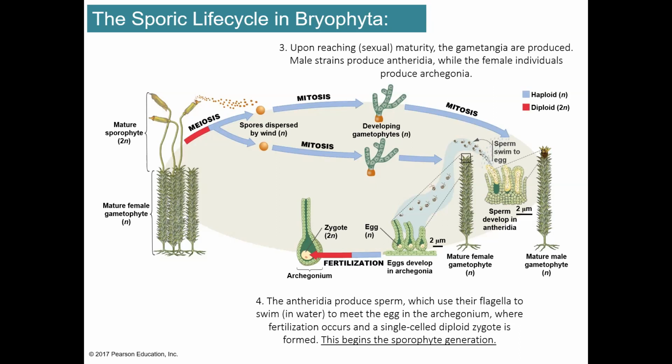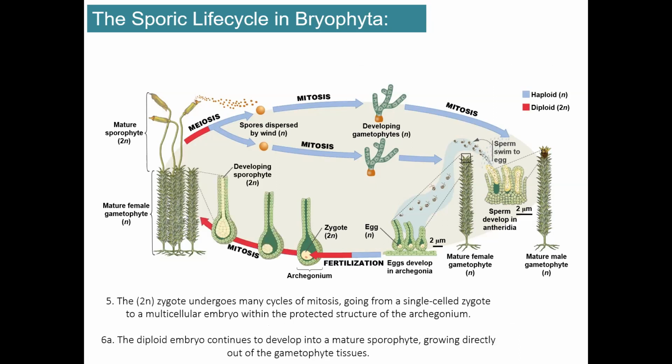And this is where fertilization occurs in the archegonium. A single cell diploid zygote is formed, which begins the sporophyte generation. Again, sporophyte is always diploid. So the diploid zygote undergoes many cycles of mitosis, growing from a single-celled zygote to a multicellular embryo, and this is all within the protected structure of the archegonium.